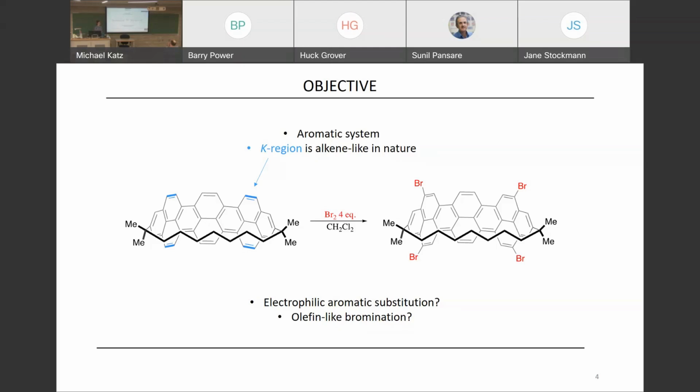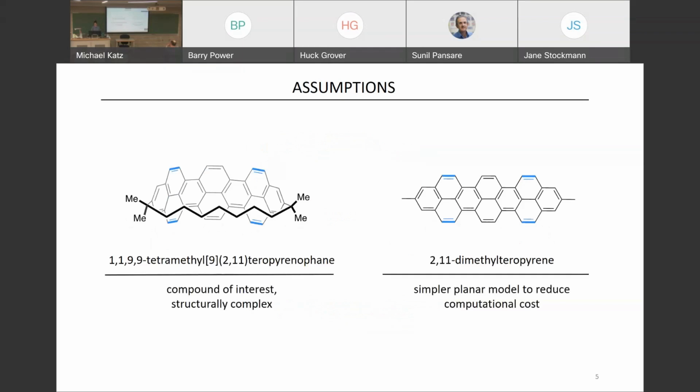So to search for transition states, intermediates, species like that. So the teropyrenophane is an aromatic system. However, it also has these regions that are called the K regions, and those are olefin-like in nature. There's a question of whether this bromination occurs via electrophilic aromatic substitution or olefin-like bromination, and this is something we're going to be talking about today.